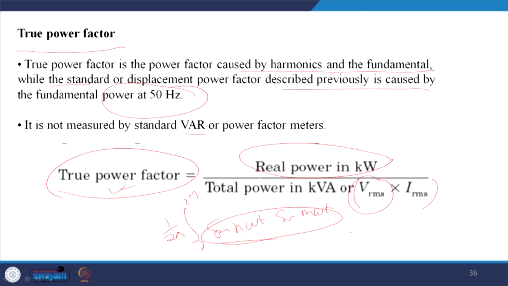When you talk about VRMS and you have the content of the fundamental and all the harmonics, then V1 square plus V5 square plus V7 square plus V11 square all have to be factored in, and that value will be your VRMS.